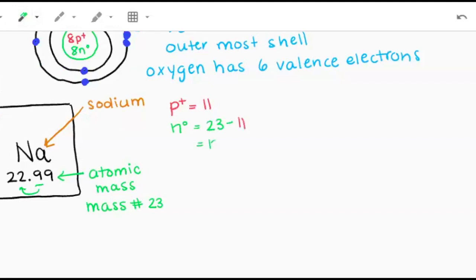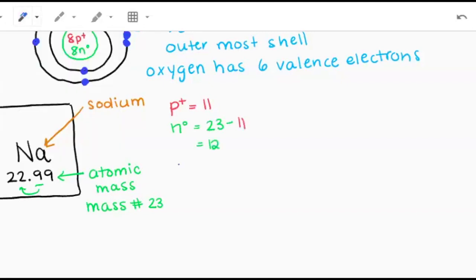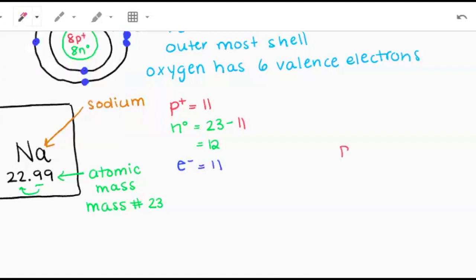And then how about the electrons? Yep, the electrons will be the same as the protons for now, which is the same as the atomic number. So I can go ahead and put that into the nucleus of the atom.